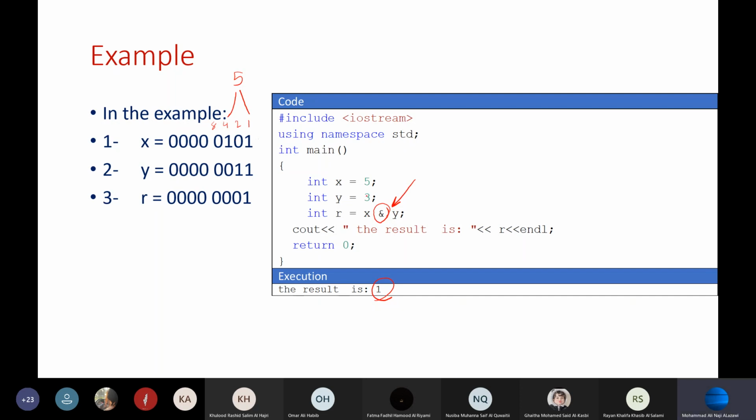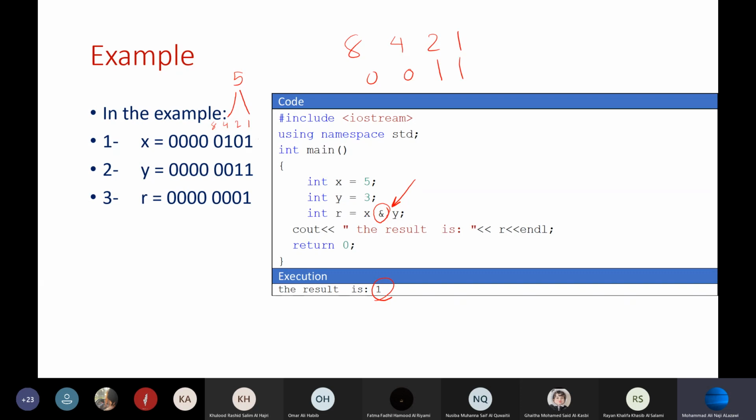Okay. y is 3. How to represent 3? Always write 1, 2, 4, 8. So 3 can be represented like this: 0, 0, 1, 1. Okay. r is the result of the bitwise ANDing of x and y.